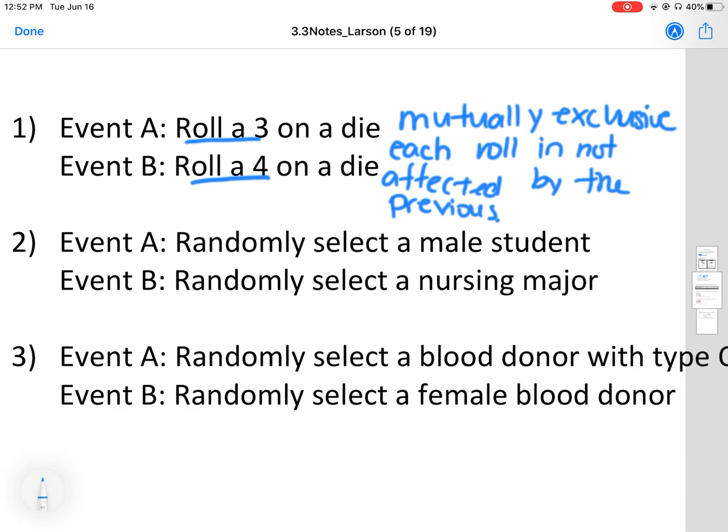All right, next example. Event A, randomly select a male student, and event B, randomly select a nursing major. Okay, my first event is choosing a male student. My second is to select a nursing major. Can there be some overlap? Yeah, right? So here they're not mutually exclusive.